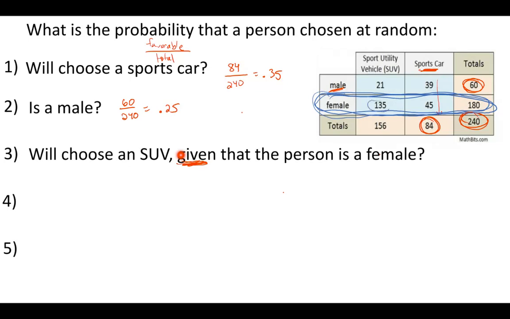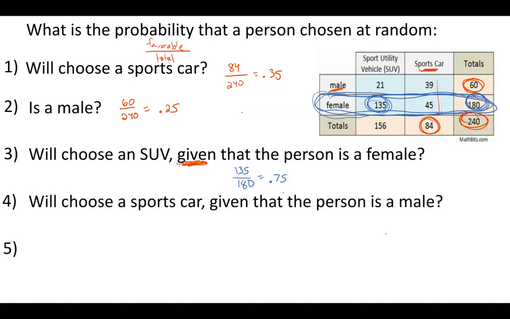So then we match that up with the SUV column, which is 135. And since we're only considering females, we just want the total number of females, which is 180. So that is called the conditional probability. If we're just considering females, how many would choose an SUV? It's going to be 0.75.